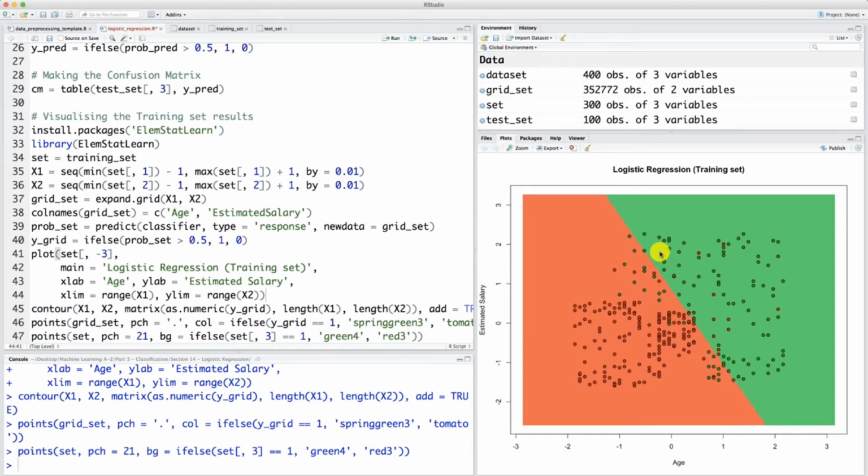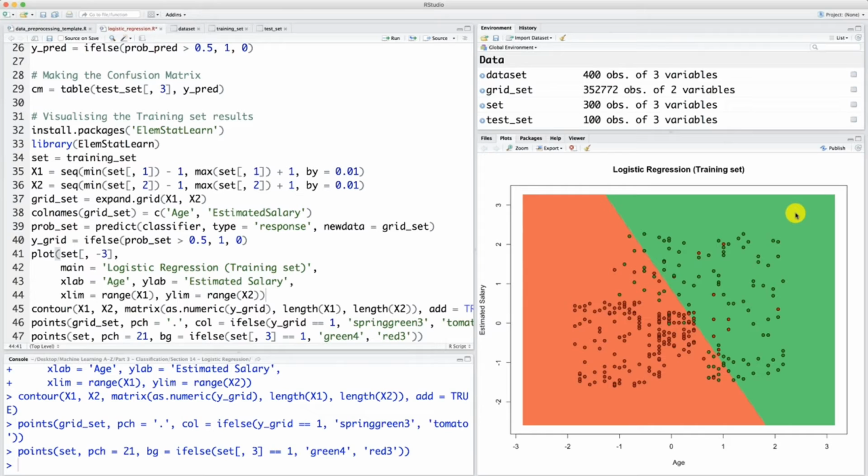So that makes an awesome tool, because for each new user of the social network, our logistic regression classifier will tell, based on their age and estimated salary, whether this user belongs to the red prediction region and therefore doesn't buy the SUV, or to the green prediction region and therefore buys the SUV.